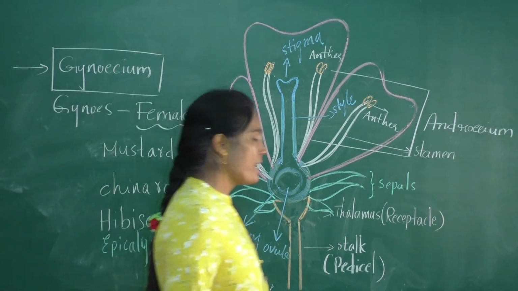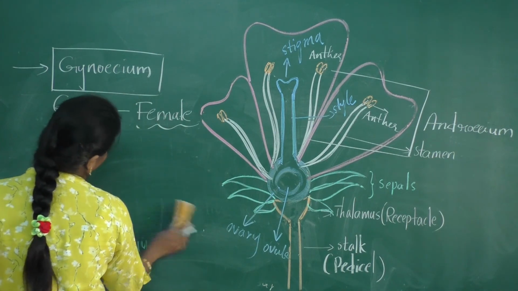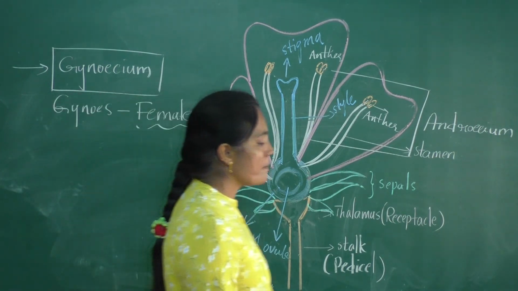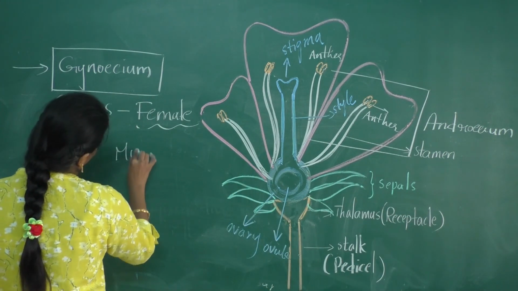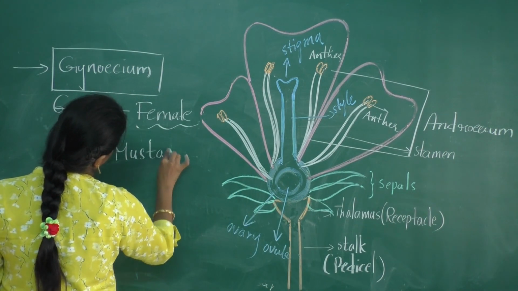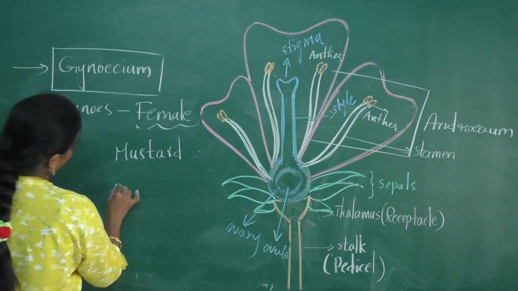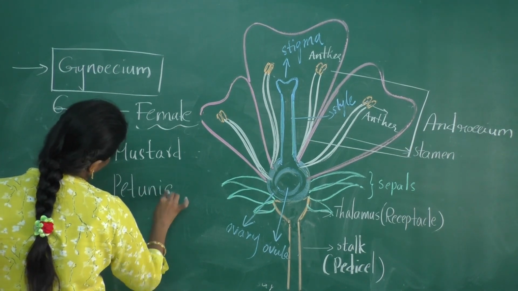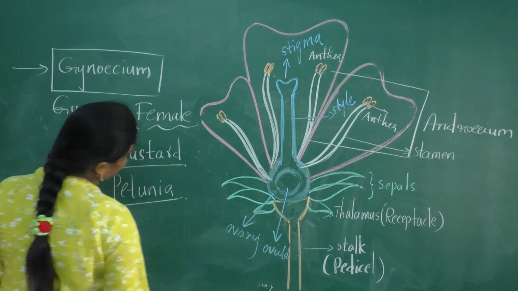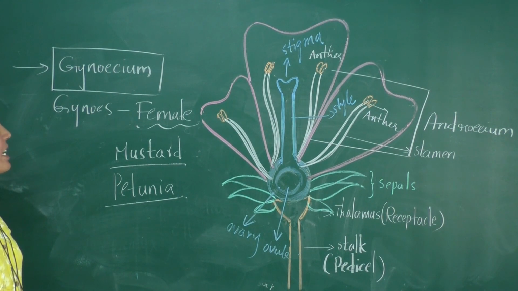In the same way, petals also, in some flowers the petals may be free. For example, mustard. In some flowers the petals may be fused. For example, petunia. So this information is needed for you if you are going to write competitive exams like that.